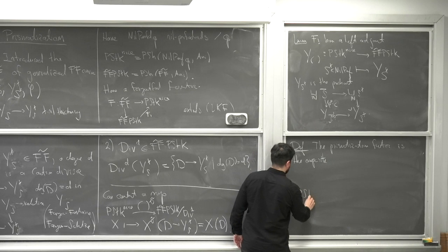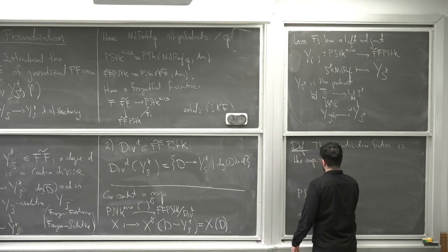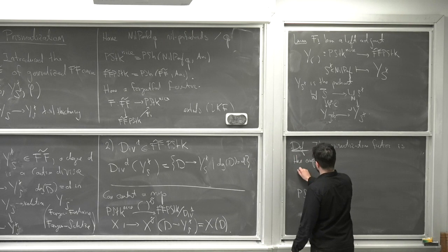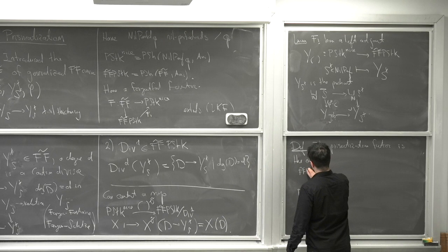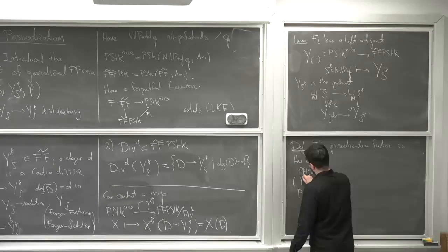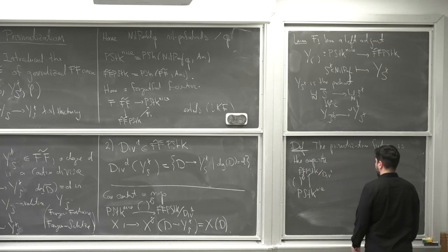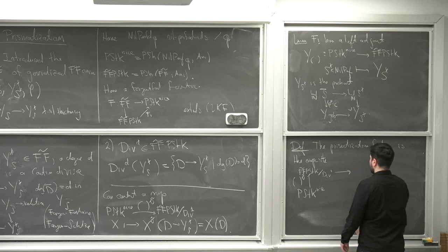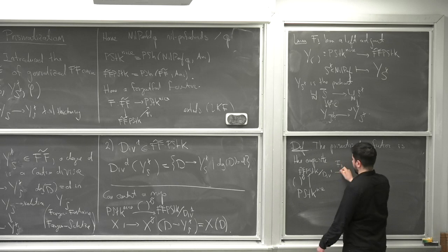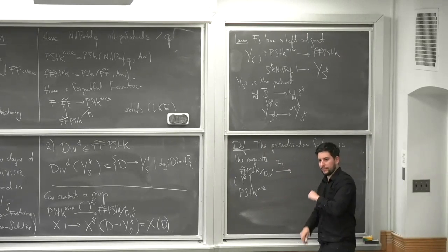Again, we start with some specs, we go to these, then we work with specs. We apply this completed diamond functor, and then we just forget the structure.